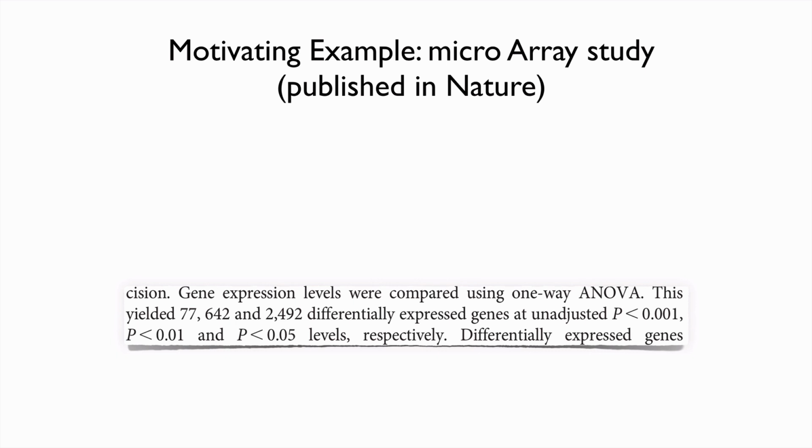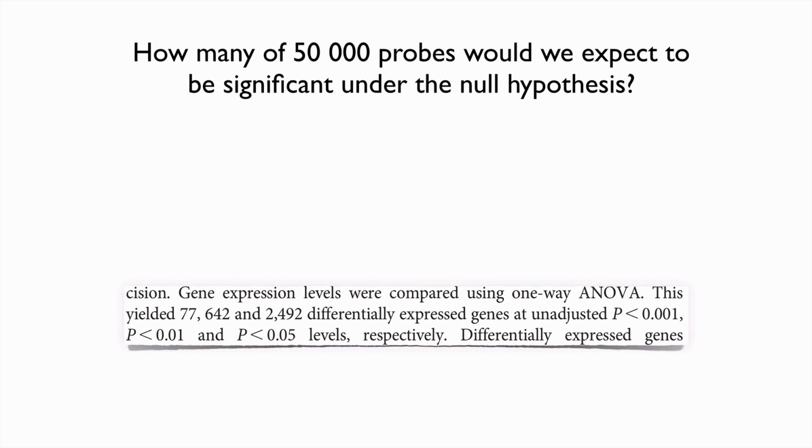What does that really mean? Well, actually, if you would study 50,000 probes, and you assume that there's actually no real measurement effect going on, so all these probes are under the null hypothesis, how many of them would we expect to be significant?